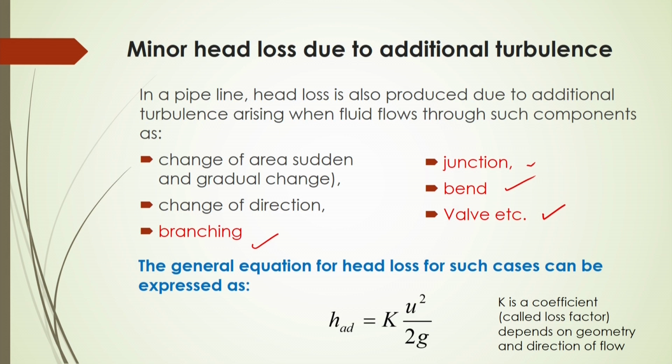The general equation for head loss for such cases can be expressed as H_add, meaning additional turbulence, equal to k u squared by 2g, where k is a coefficient called the loss factor or minor loss coefficient, which depends on the geometry and direction of the flow.